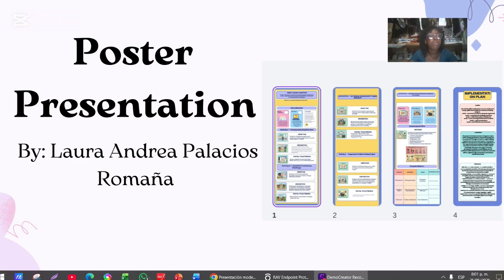We also include reflections about the use of engaging strategies and educational resources that motivate students and improve participation in English classes. Finally, our poster highlights the importance of the teacher's role as a guide and facilitator who creates positive learning environments and encourages communication, creativity, and confidence in students.